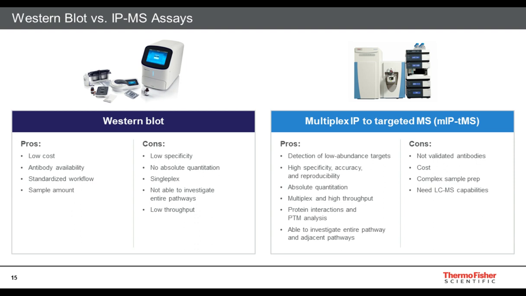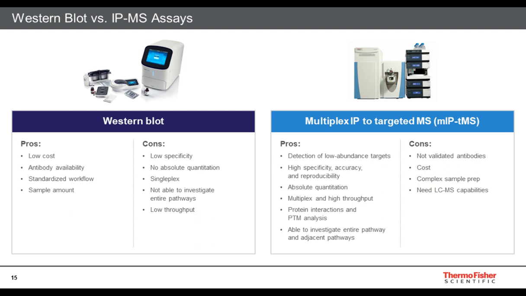Since it has multiplexing capability, it also improves the throughput. And with this method, you can study protein-protein interactions as well as post-translational modification analysis. And you can not only investigate the entire pathway, but you can also investigate the adjacent pathway with this method. I'll talk a little bit more about how we study the adjacent pathways using this method.